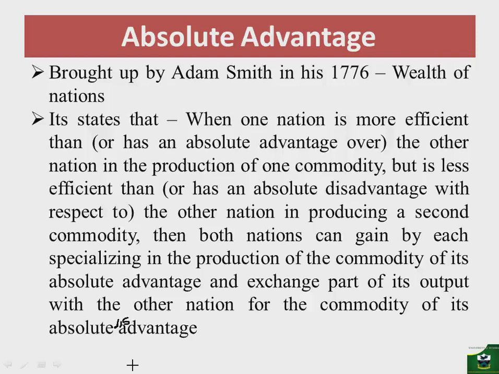After the production has taken place, because the nations will now produce huge quantities, they can freely trade with each other by exchanging part of the output. And by so doing, both nations will gain from such trading.